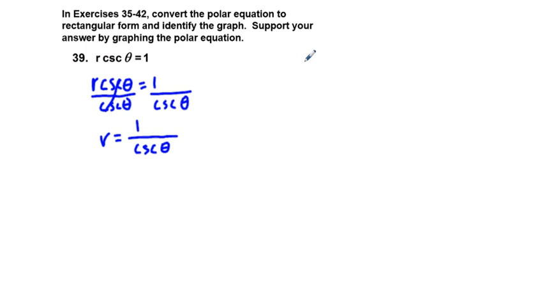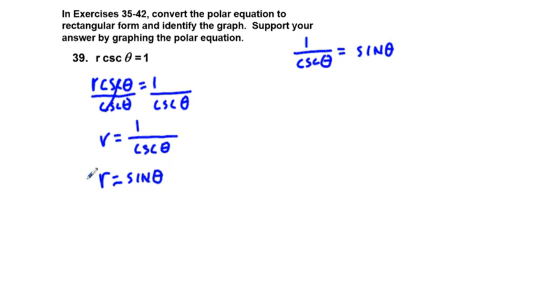Now, we might remember from our identities, I hope, that 1 over cosecant theta is equal to sine theta. So we're going to rewrite this equation as r is equal to sine theta, which is what we're going to use to graph this thing eventually.